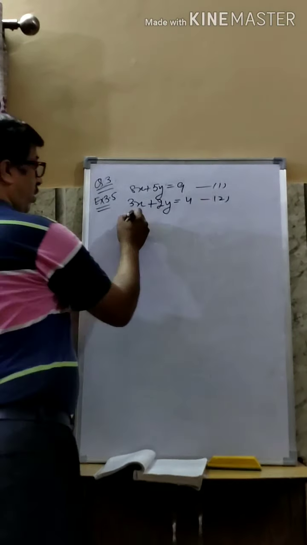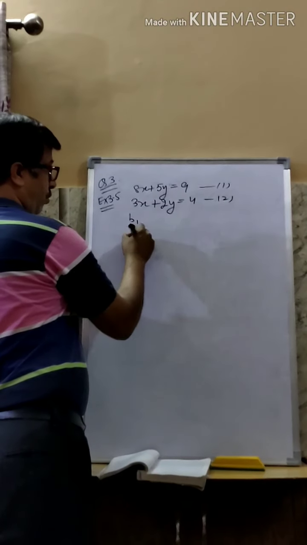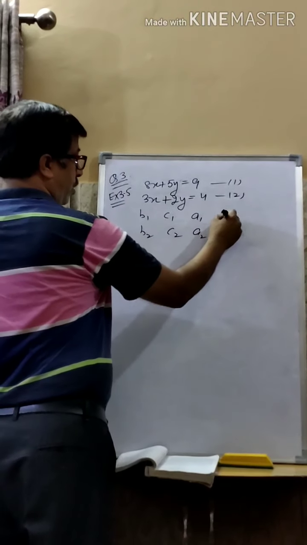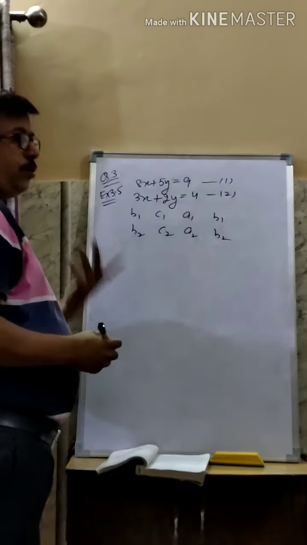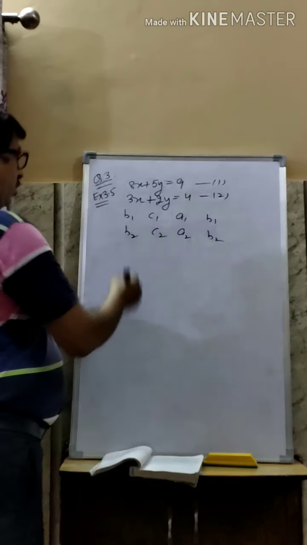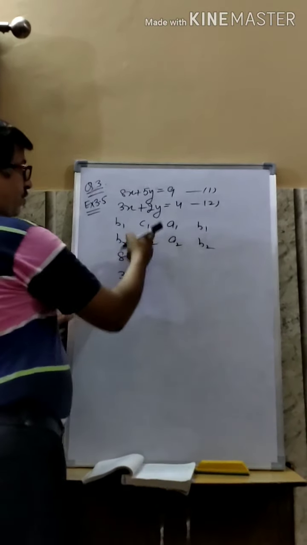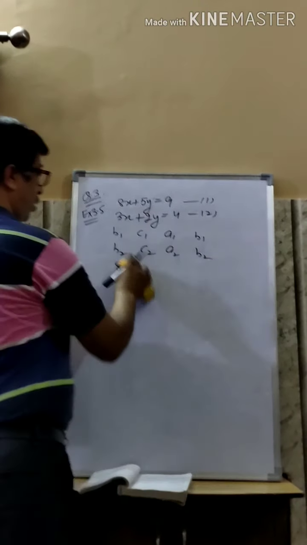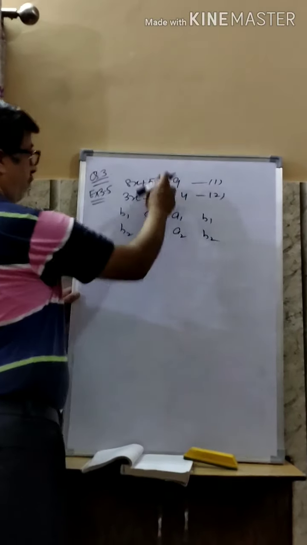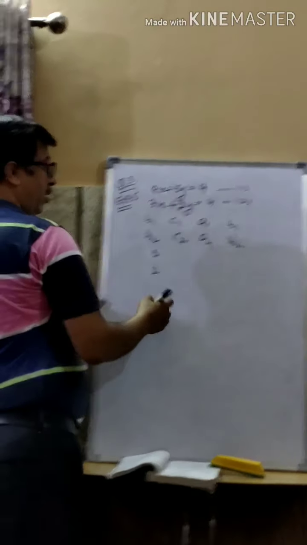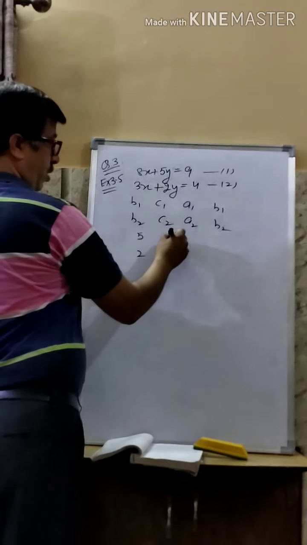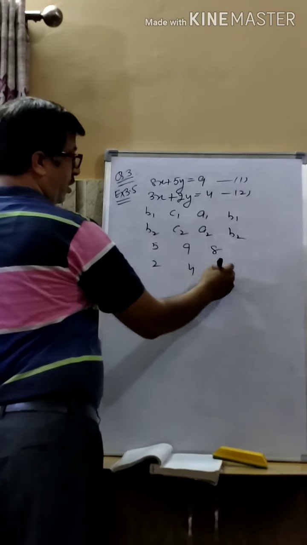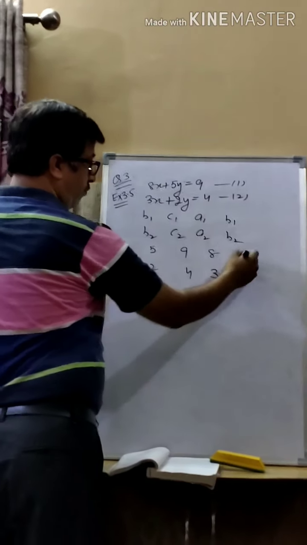First I have told you learn Baka: a1 a2, b1 b2, c1 c2. a1 a2 are the coefficients of x, so 8, 3. b1 b2 are the coefficients of y, so write 5, 2. c1 c2 are the constant terms.